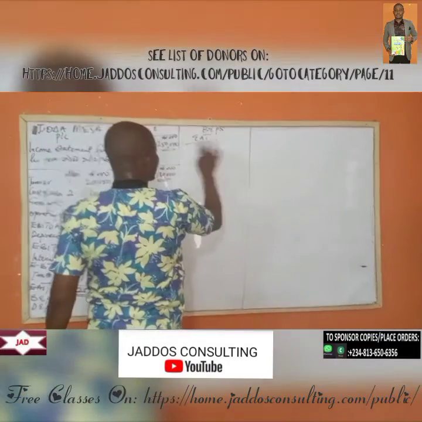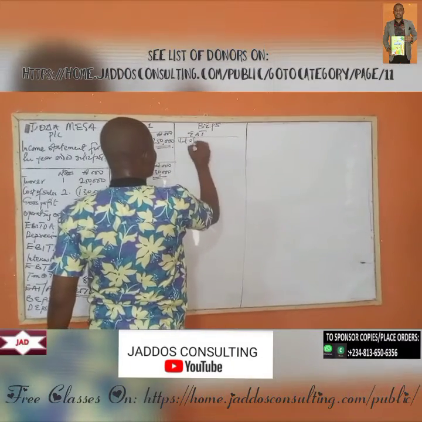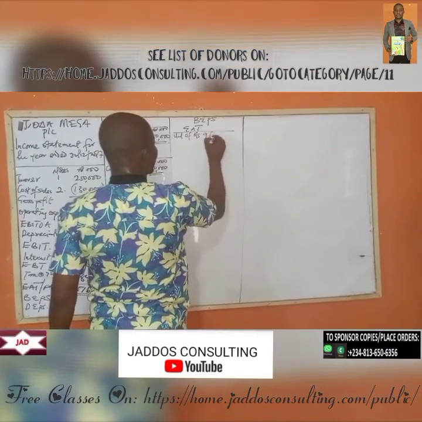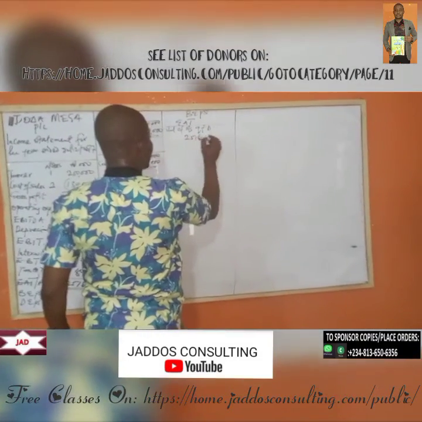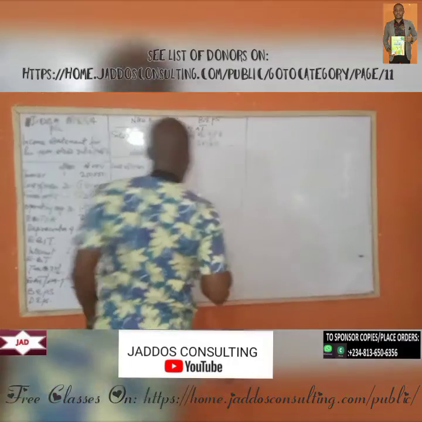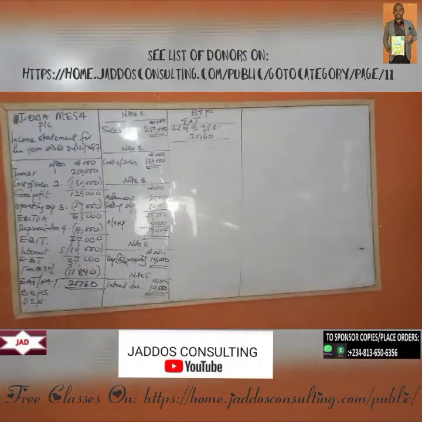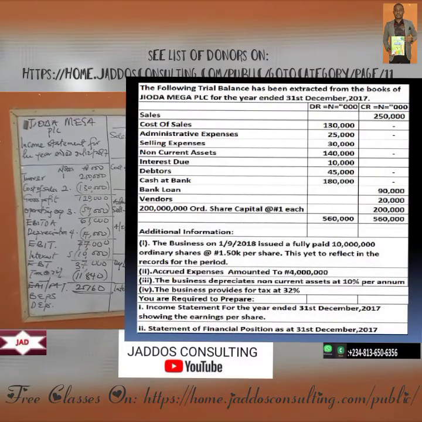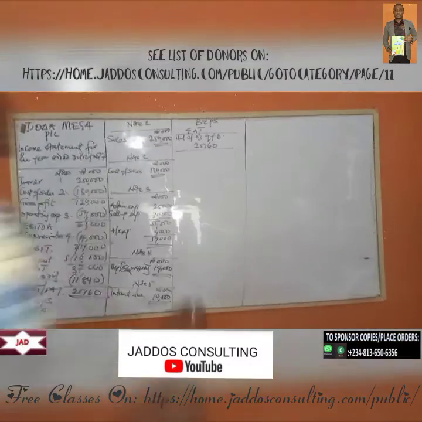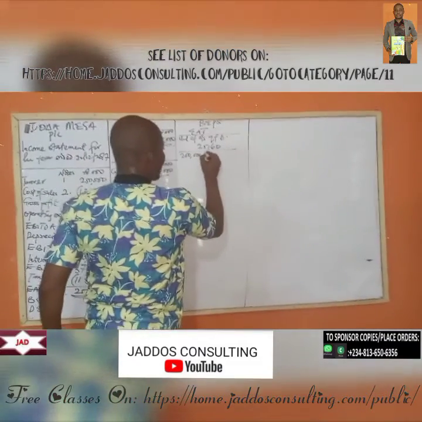So let's say unit of ordinary shares qualifying for dividend. So here we have 25,160 over. What's the ordinary shares here? According to the question, we have 200,000 shares. So that will be 200,000 plus.